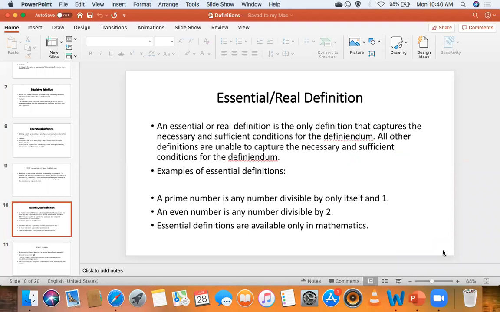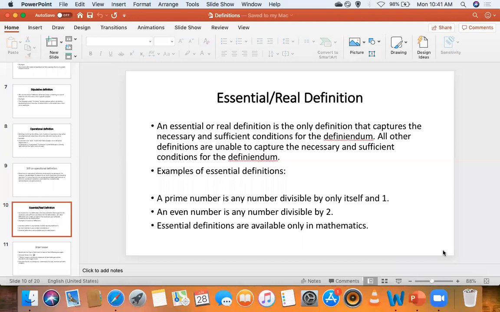When you look at this definition, a prime number is any number divisible by only itself and 1, if you took out the definiendum, a prime number, and let's assume you never saw it, and you are asked what kind of definiendum would suit this definiens, automatically, a prime number will come to your mind.